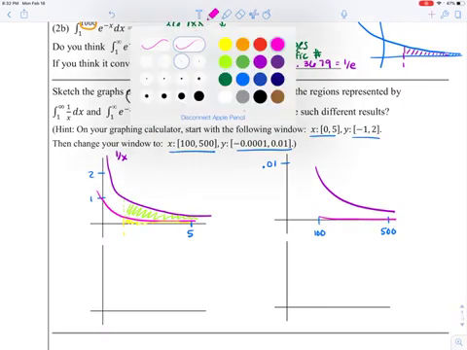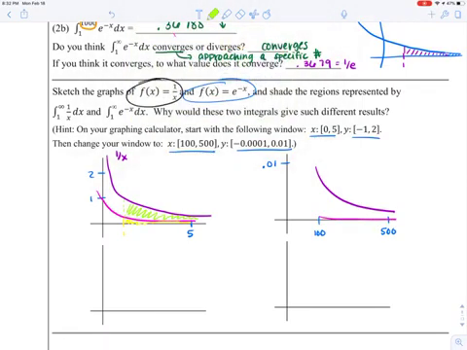When we talk about area under the curve, especially all the way out to infinity, notice how close to the x-axis e to the negative x is.